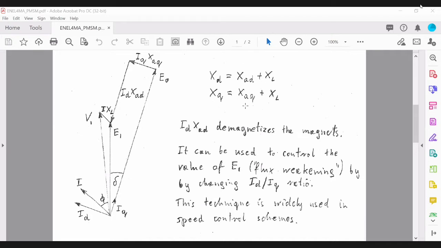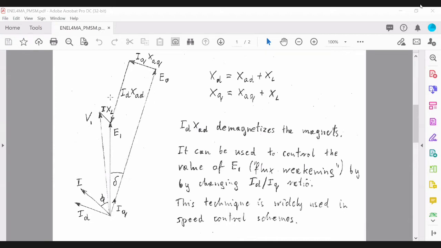We've got the armature reaction that is represented by the reactances XAD and XAQ. So from the phasor diagram, you can see that the component ID times XAD is acting opposite to the field phasor, which is the induced voltage phasor.